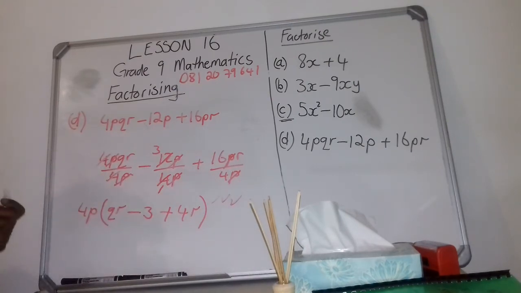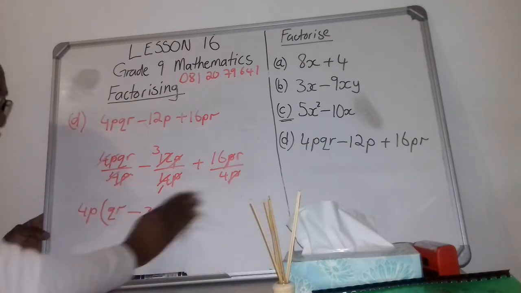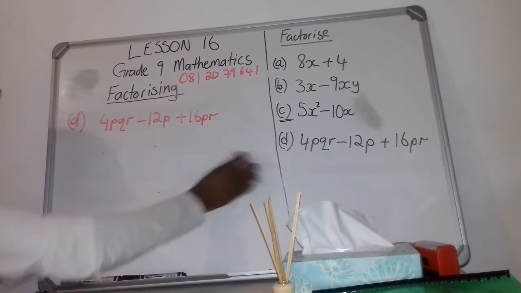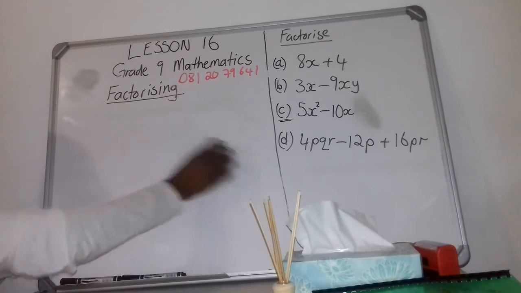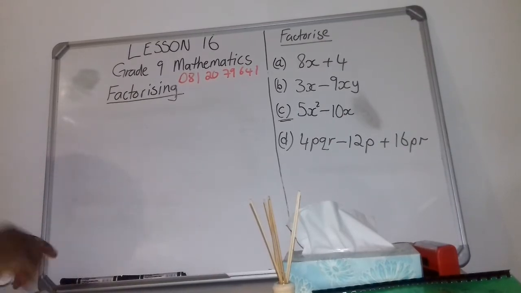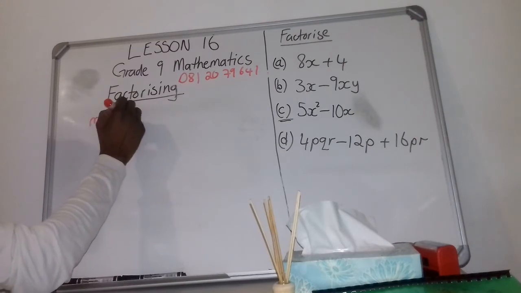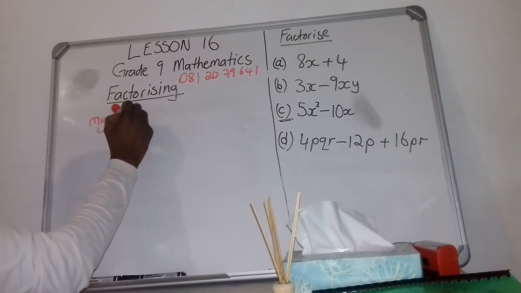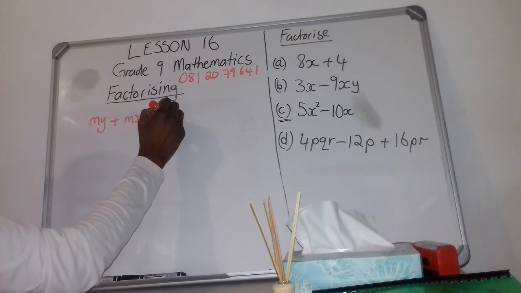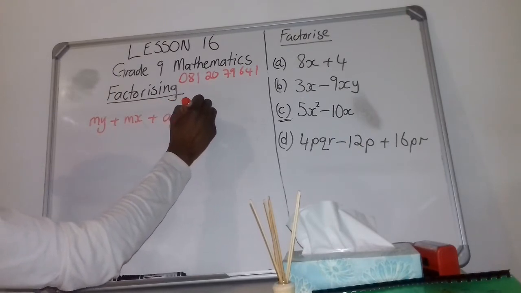Okay, so my friends, in the next video, which is video number 17, I'm going to show you how to factorize by grouping. By grouping, you'll be given 4 terms. You'll be given something like this: m times y plus m times x plus ay plus ax.